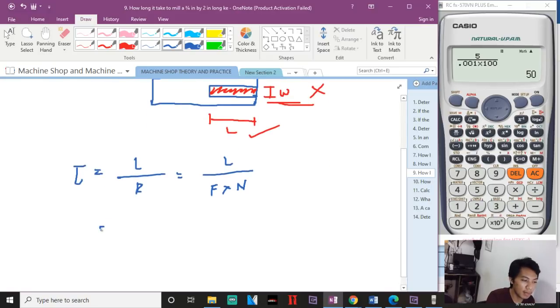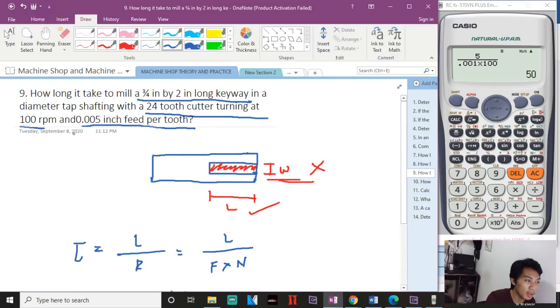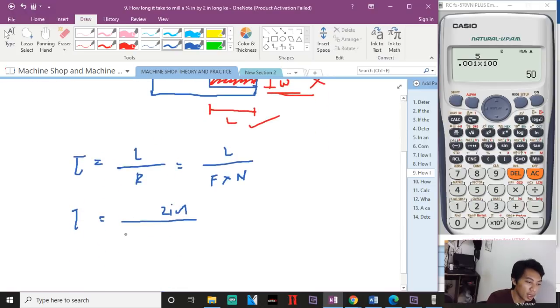So time is 2 inches over the feed. Let's put RPM first: 100 revolutions per minute.